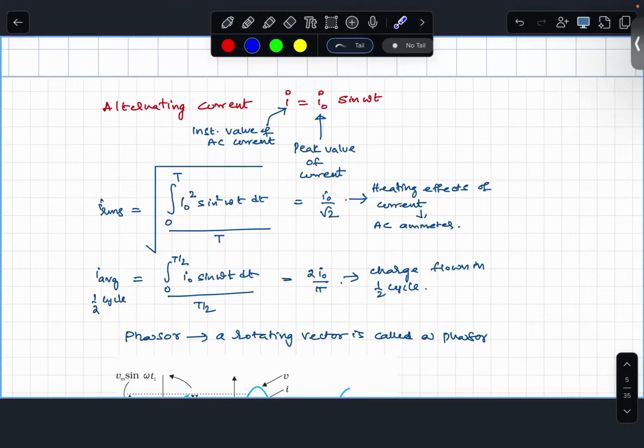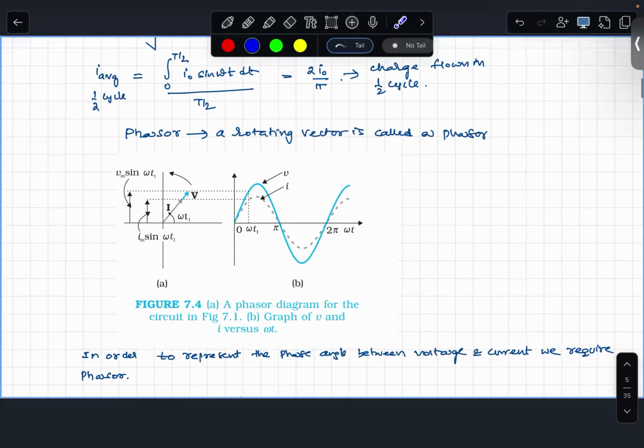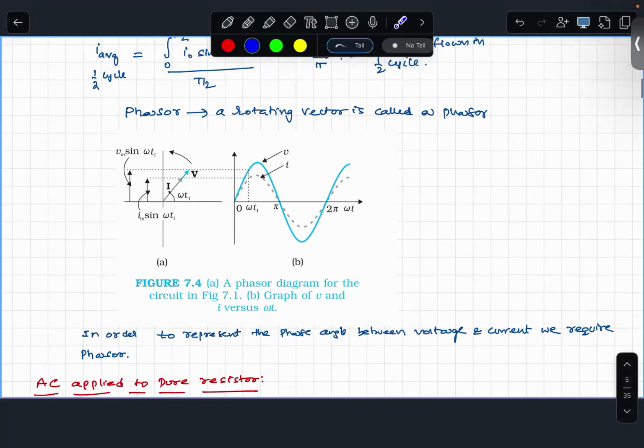Right. Now, before I discuss this, a rotating vector is called a phasor. Already we have done phasor concepts in waves. While drawing interference conditions and SHM conditions, we have used phasor concepts.